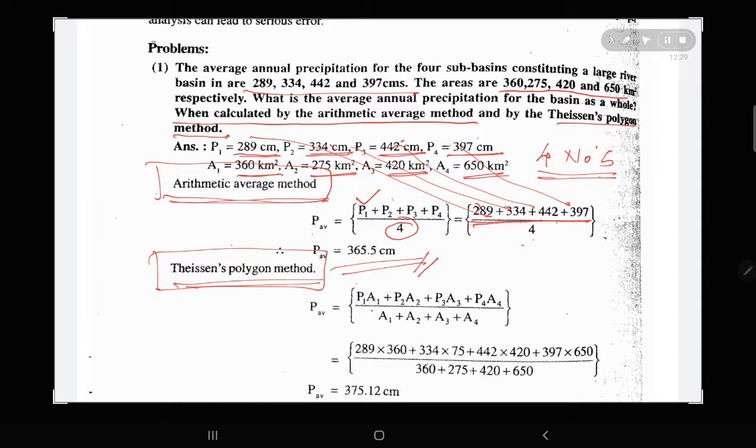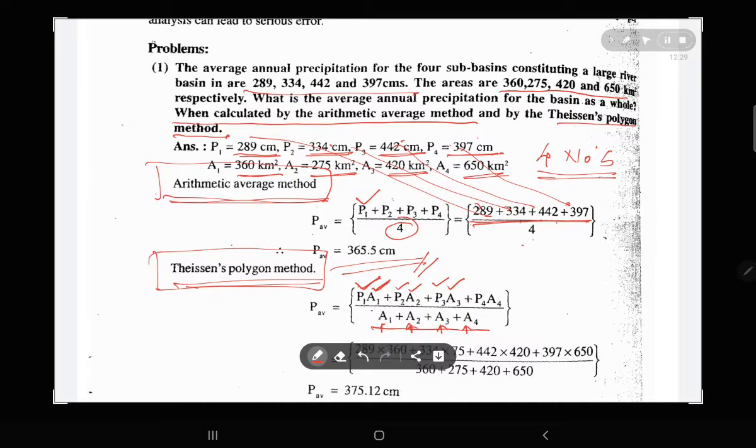It is the precipitation at station 1 times the area covered by station 1, plus precipitation at station 2 times the area covered by station 2, plus precipitation at station 3 times the area covered by station 3, divided by the total area of all stations.